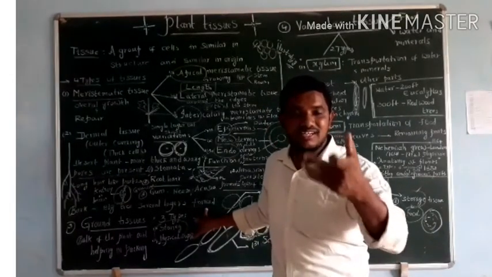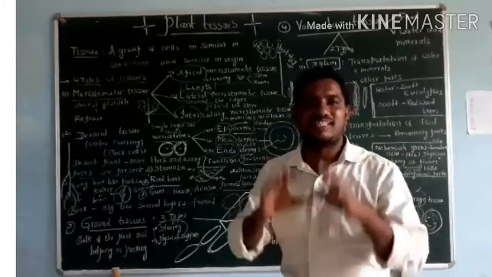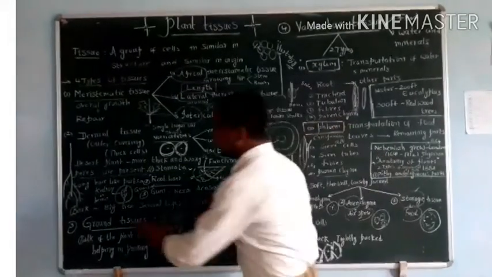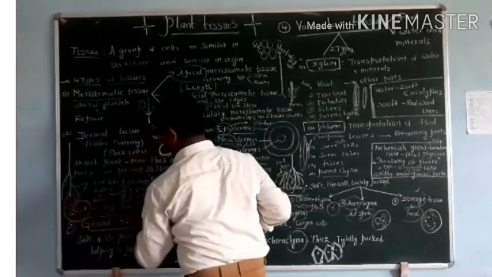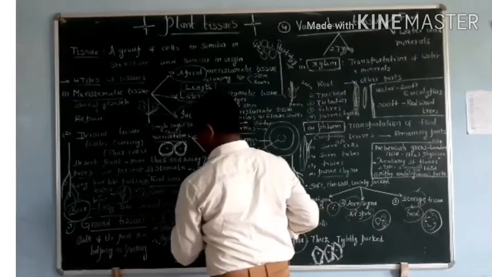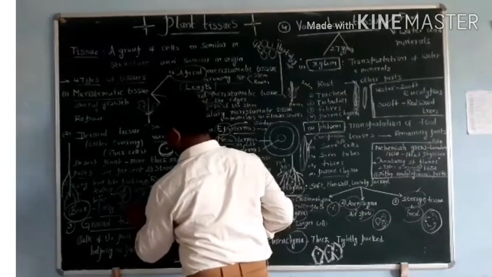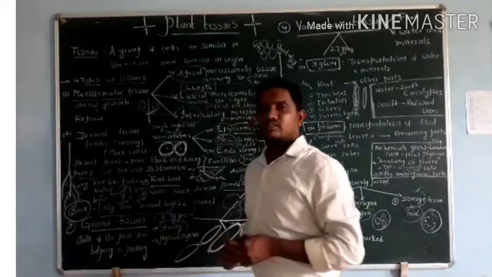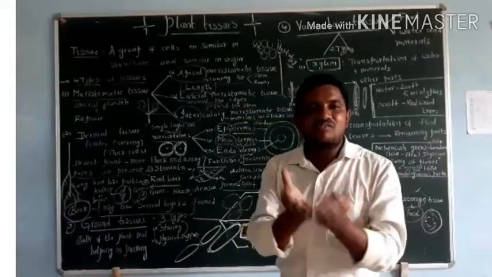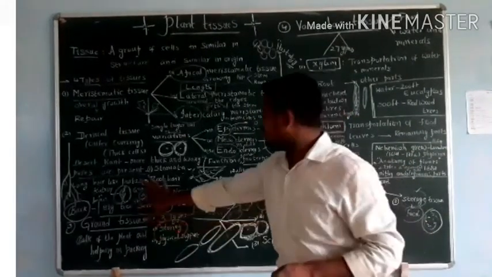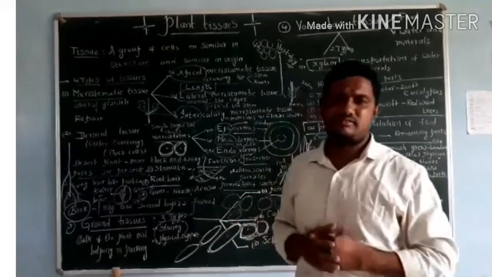Big tree stems contain several membranes or several layers called bark. Very most important.